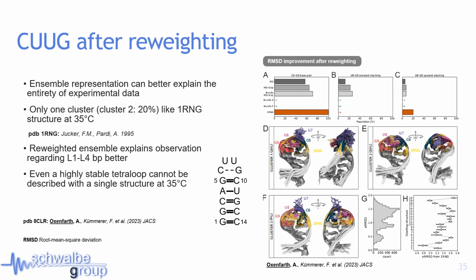If we use a cutoff of 1.1 angstrom, we can explain 90% of our data just using clusters. And only one cluster is actually looking like a usual CUG motif that is already found in the PDB. And all the others are somewhat new structures that have not been observed before.